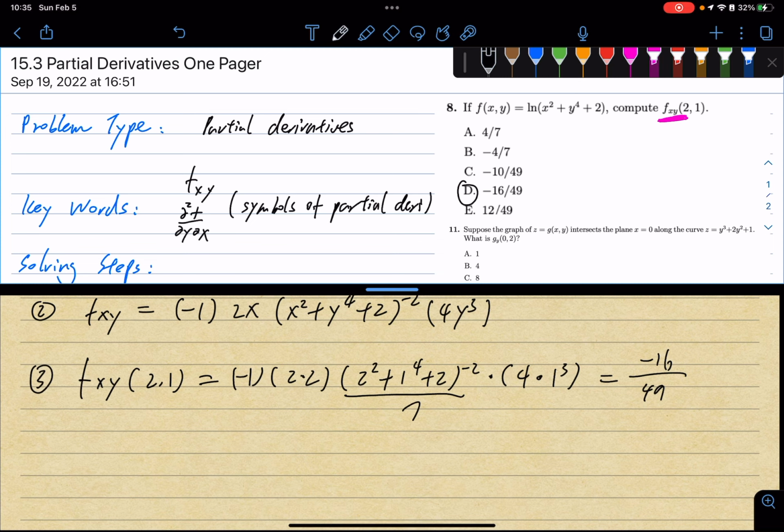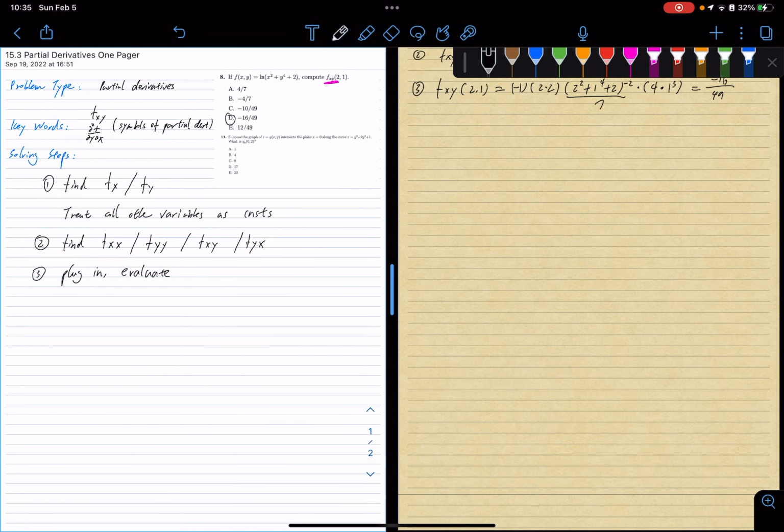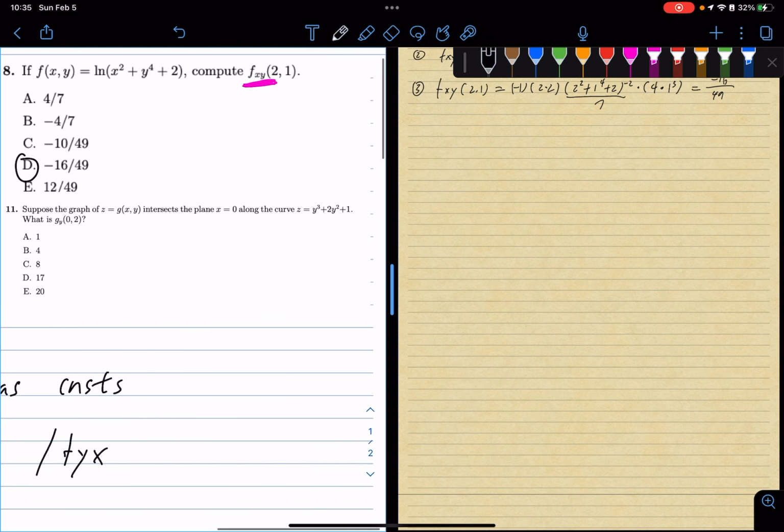Okay, so that's pretty easy, right? You just basically do the same thing you have learned in Calc 1, and then you apply it to functions of multiple variables. Another interesting question I would like to bring up is here. You can see that we have another problem. Suppose the graph of z intersects with the plane x = 0 along the curve z equals something.